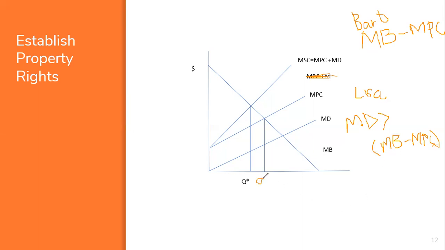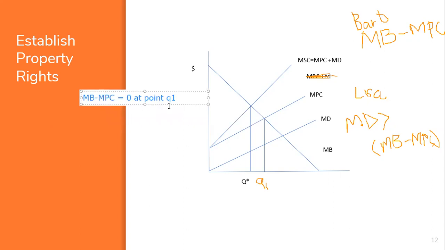This would be Q1, right? Q1 is the point where your marginal benefit minus MPC is equal to 0 at point Q1, right?